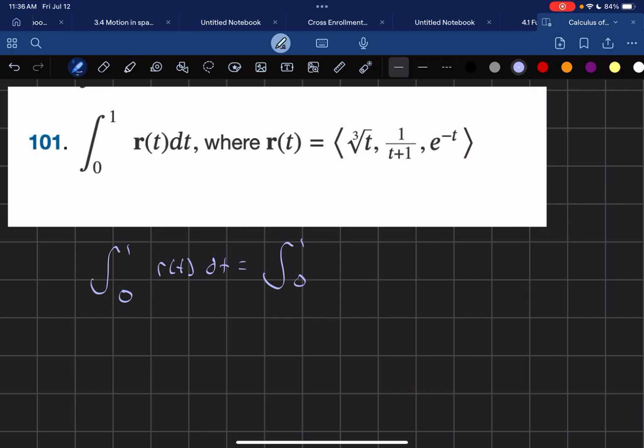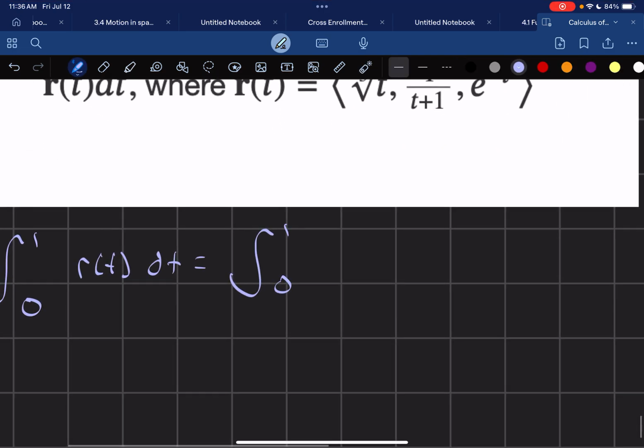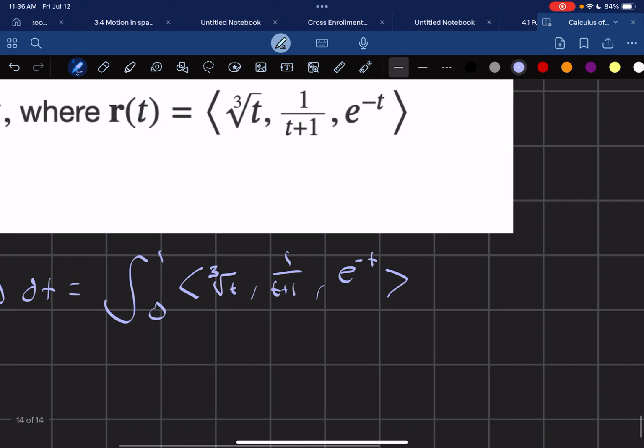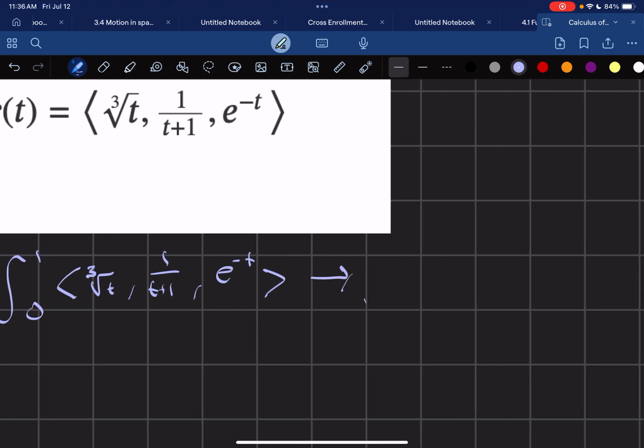So we separate them. Let me write it here so you can visualize it: cube root of t, 1 over t plus 1, and e to the negative t.